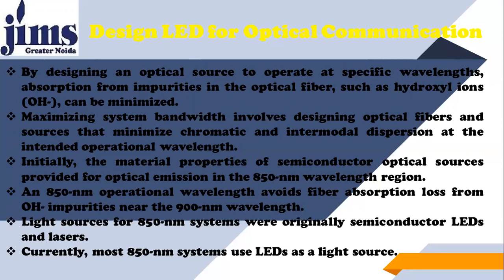So this is the reason why we choose 850 nanometer, to avoid this absorption loss. The light sources for 850 nanometer systems were originally semiconductor LEDs and lasers. So this 850 nanometer wavelength is the wavelength of light coming from either an LED or a laser. So both optical sources are capable of giving you 850 nanometer light.